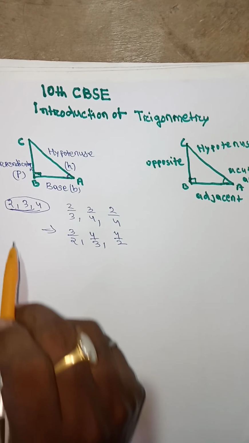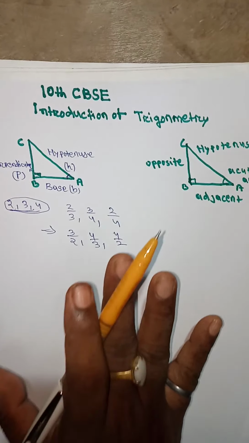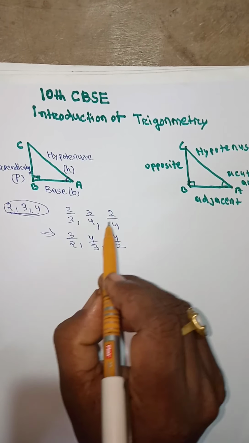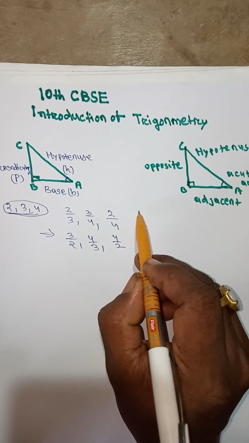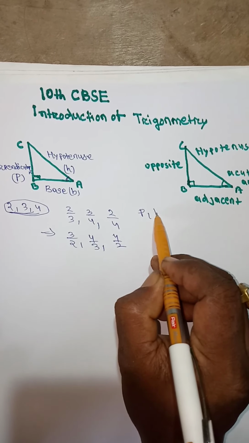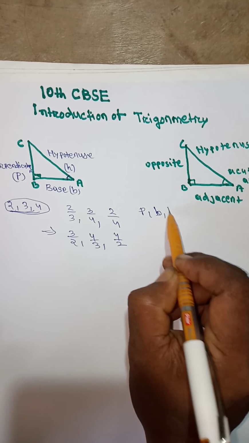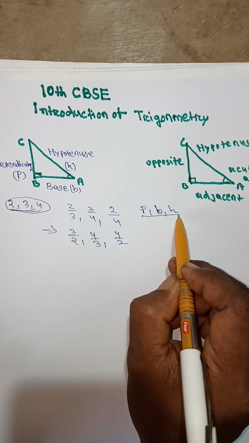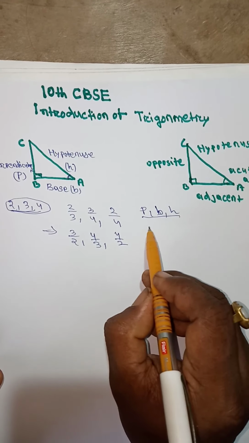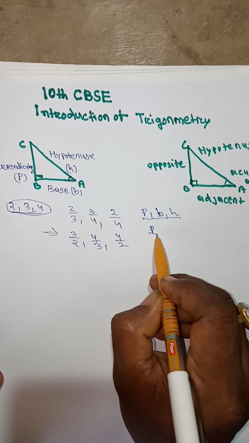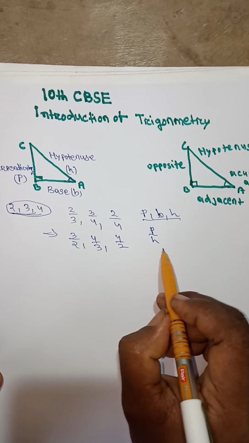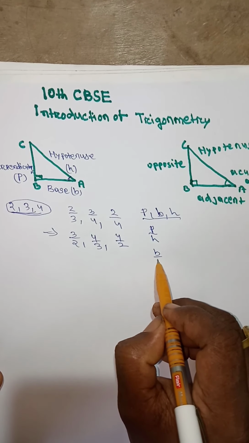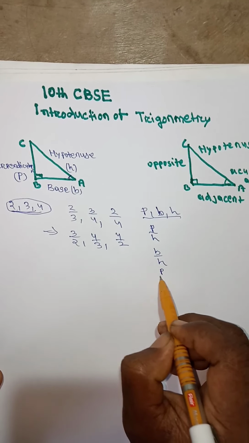So taking 3 numbers, you can write 6 ratios. Like this, suppose 3 sides are given, P, B and H. Using the 3 sides P, B, H, you can write 6 ratios: P by H, then B by H and P by B.